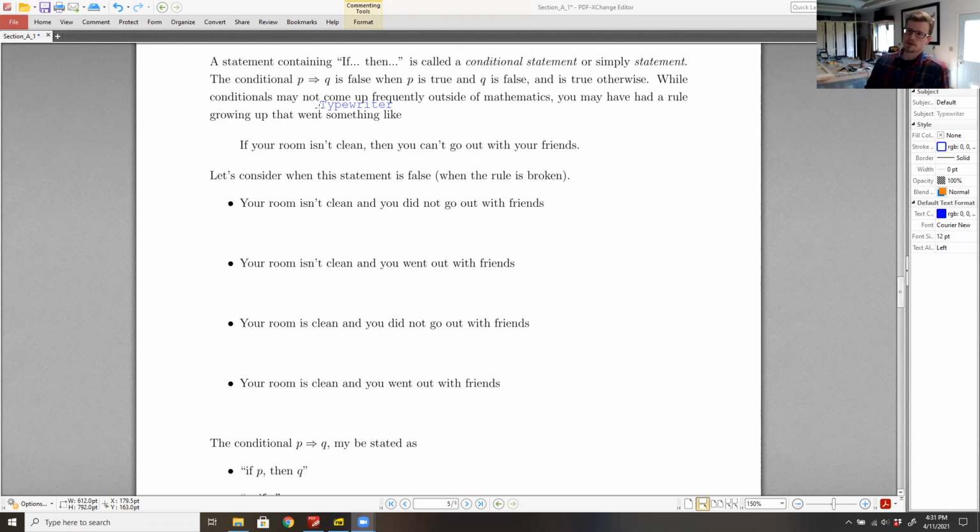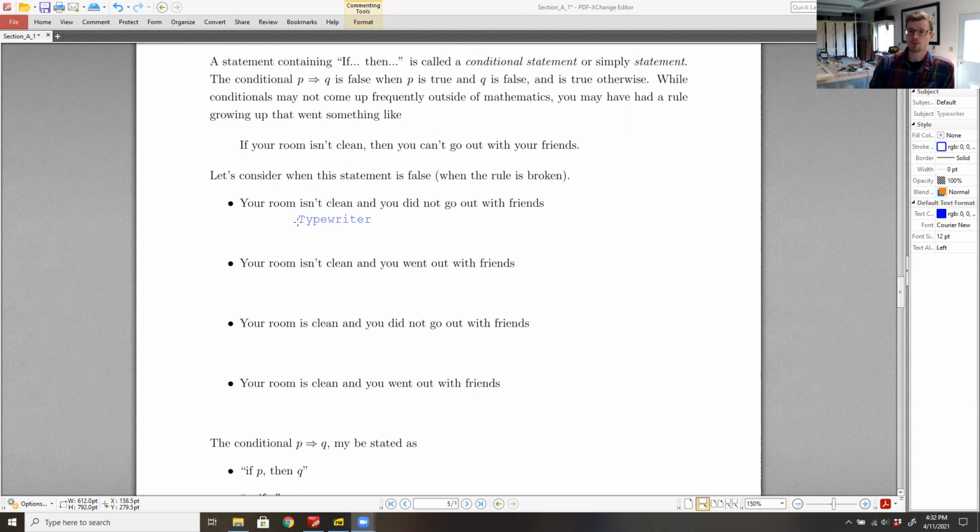In what scenarios do we actually have that the rule is broken? Because when the rule is broken, we're saying, ha ha, mom and dad, your rule is false. I broke it. I went out with my friends. So when we break the rule, we're saying that the statement is false.